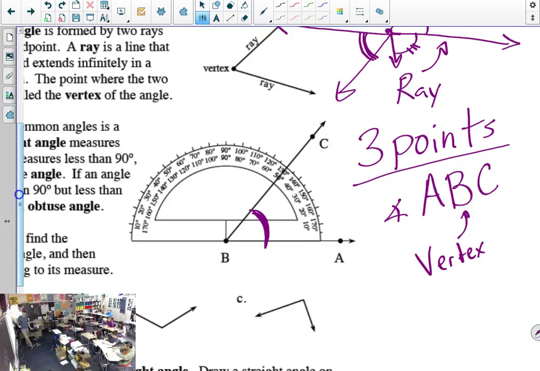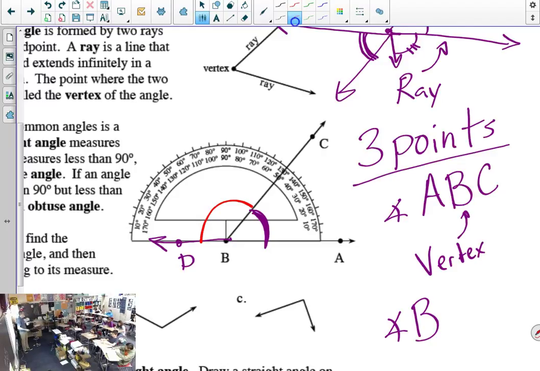Now, we could also call that just angle B. What's the problem, though, with just calling it angle B? Is it purple angle B or red angle B?